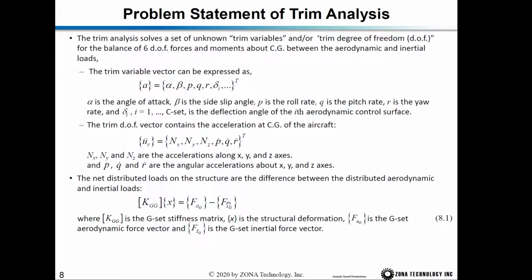This net force is applied to the structure. KGG is the G-set stiffness matrix. X is the G-set structure deformation. Now, if you integrate this net force about the CG, the net force at CG and the moments are all 0. That's guaranteed.